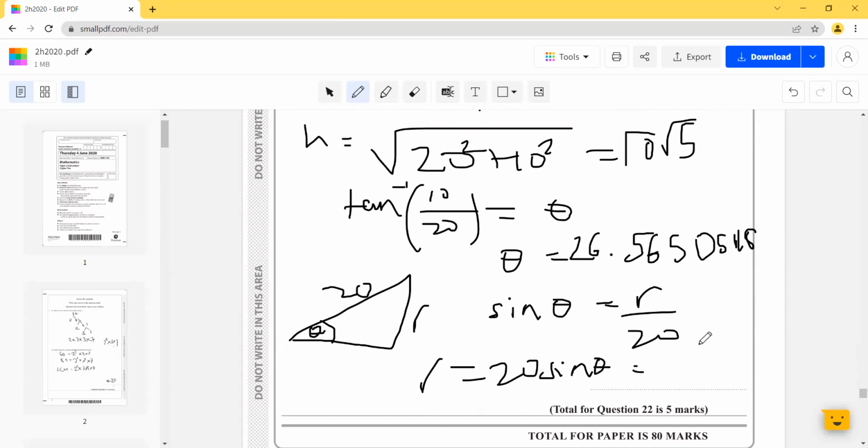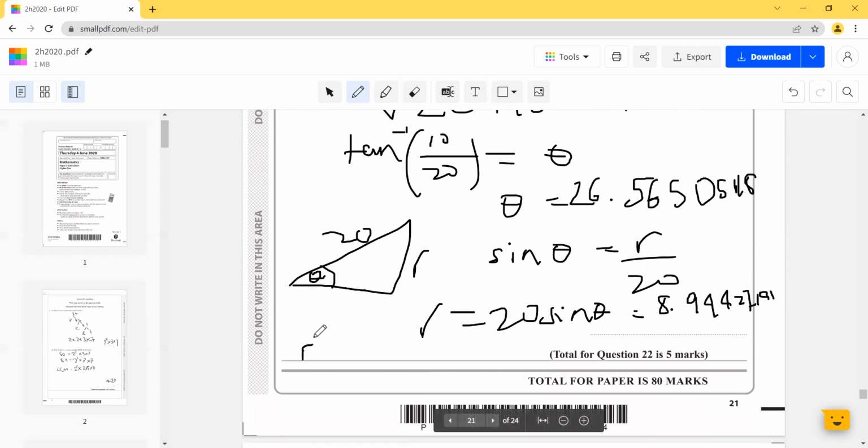Keeping the exact value, if I take sine of the angle and multiply it by 20, I get 8.944. So our radius squared is 80, which means that x squared plus y squared is equal to 80.